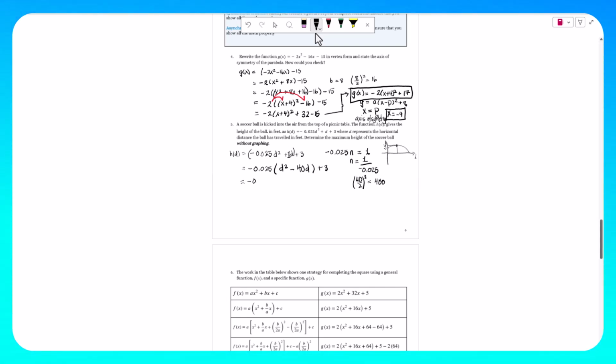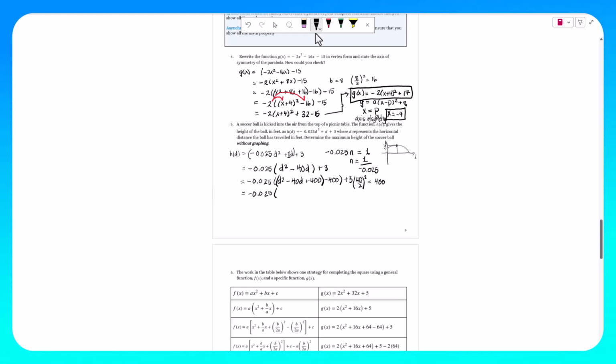So what I'm going to do over here is I'm going to say d squared minus 40d plus, don't get scared of the big numbers, you got this, where this is our perfect square. I'm going to go ahead and write this out.